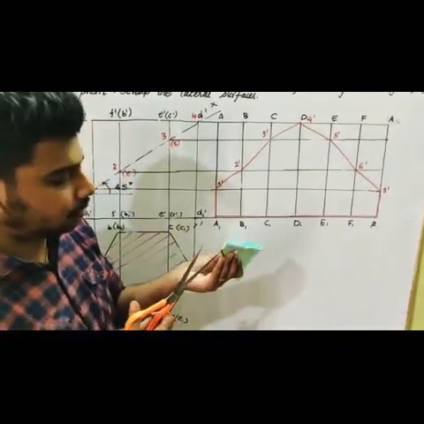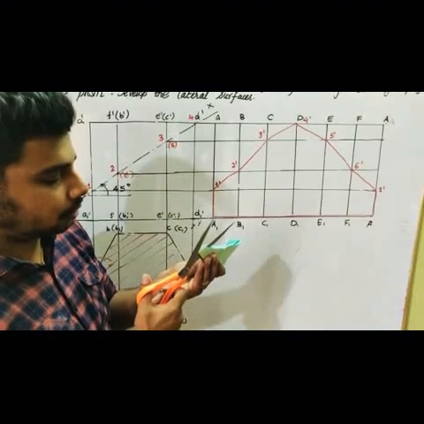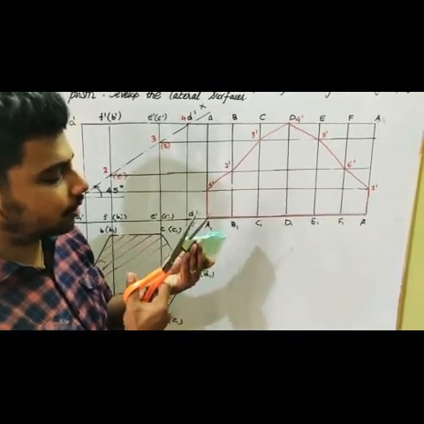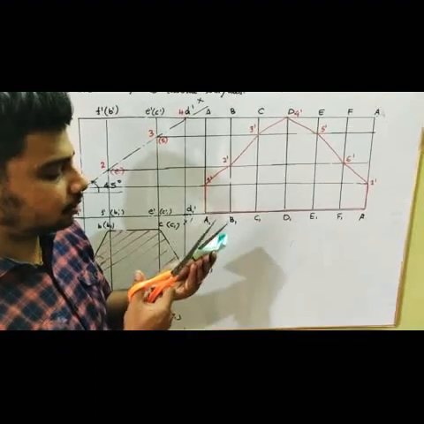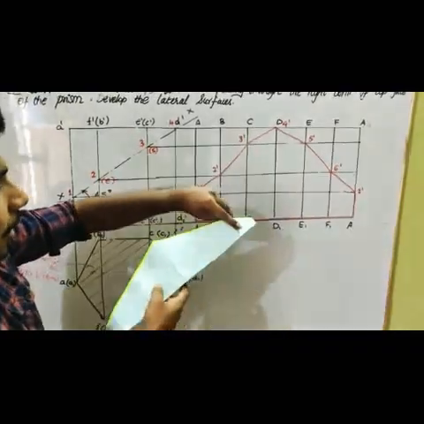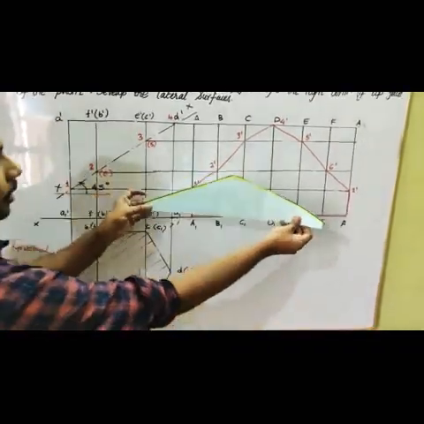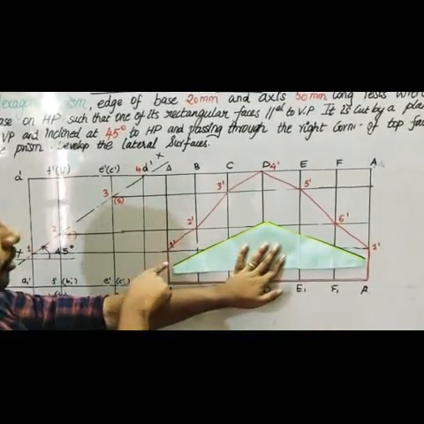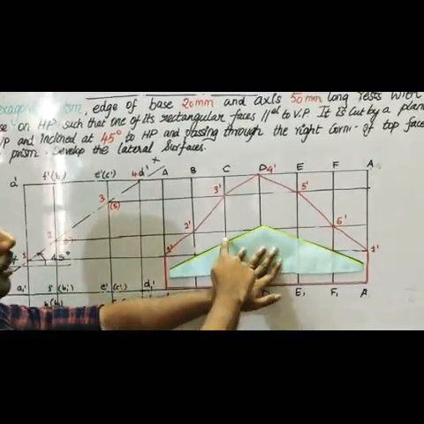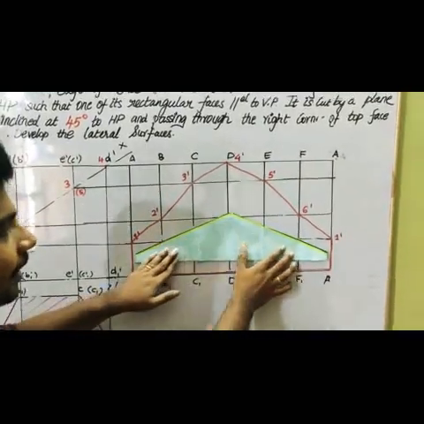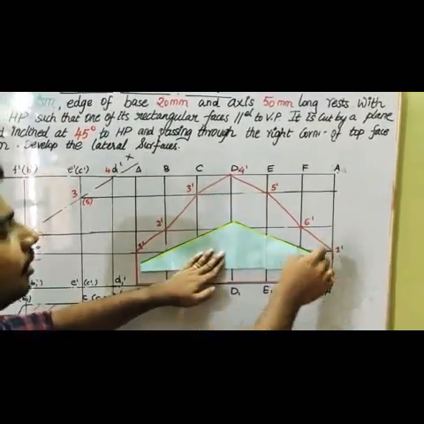For that I am going to open it. The dimension can be changed, but the shape will not be changed. So you see here, the developed portion exactly matches the shape. So this is your point 1, point 2 and 3, 4, 5, 6 and again 1. The shape is exactly what we are getting in the development.